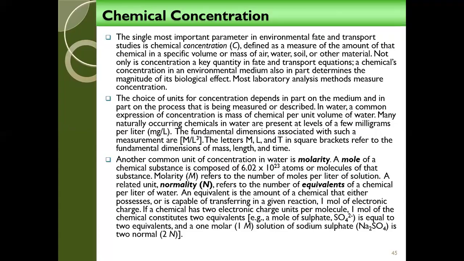It could be sediment, it could be food. So how much of this chemical is found in food? You should be able to tell us, okay, you have so amount in water, so amount in food, so amount in soil, something like that.